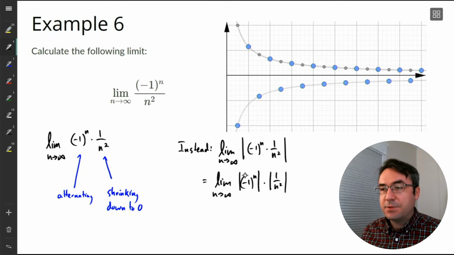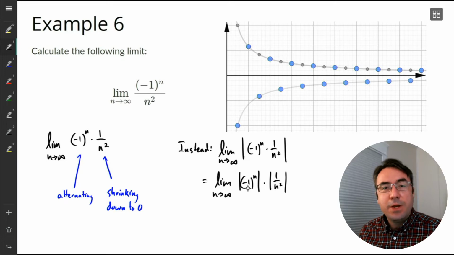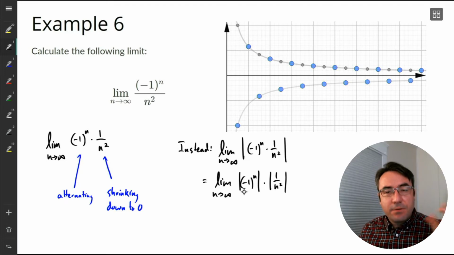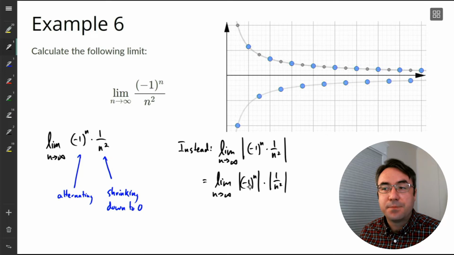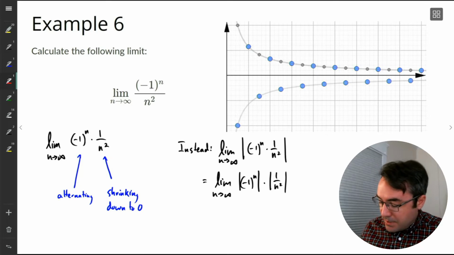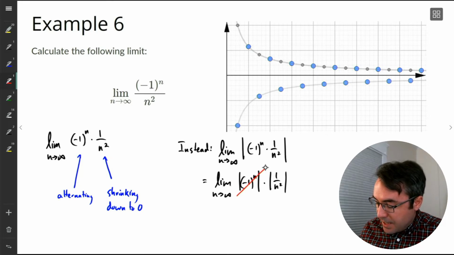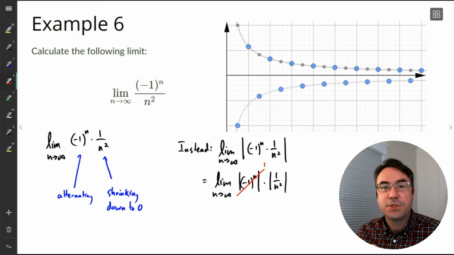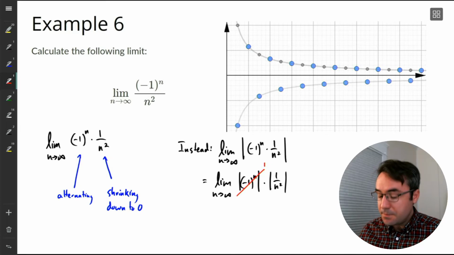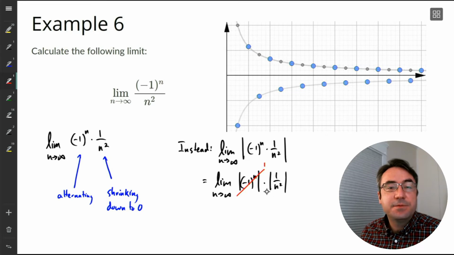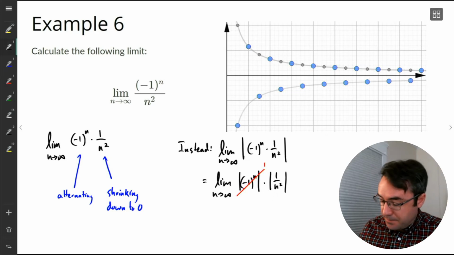And now this absolute value of -1 to the power n, we know -1 to the power n bounces back and forth between +1 and -1, but when we do the absolute value of that, it doesn't matter. We're always going to end up with +1. So essentially this just cancels out to 1. And then 1 over n squared, that's always positive, so we can drop the absolute value sign there.